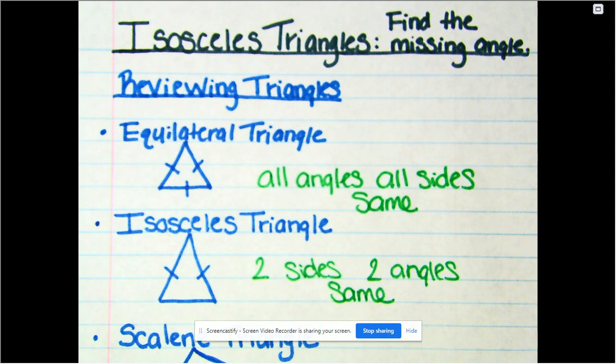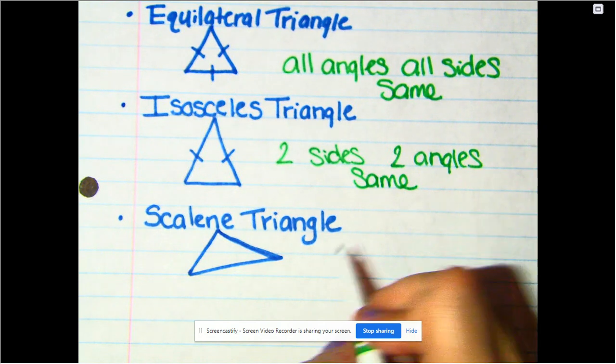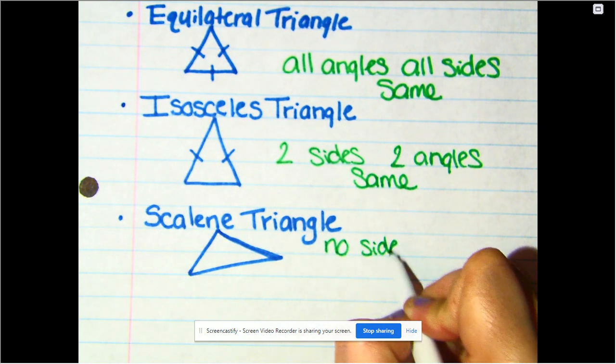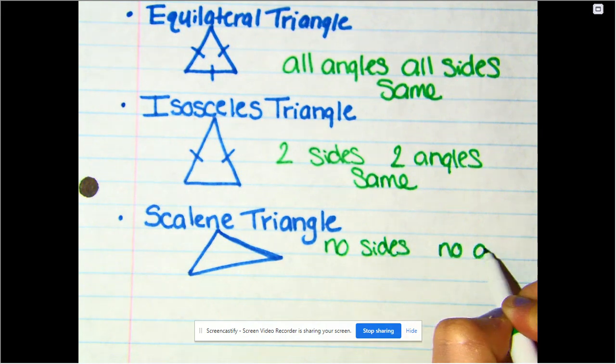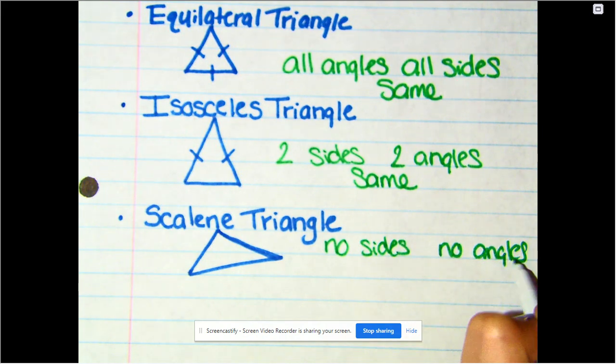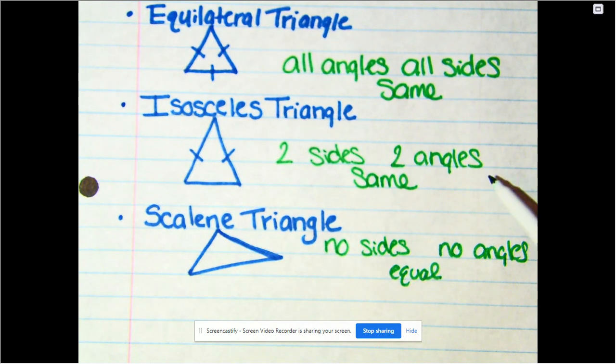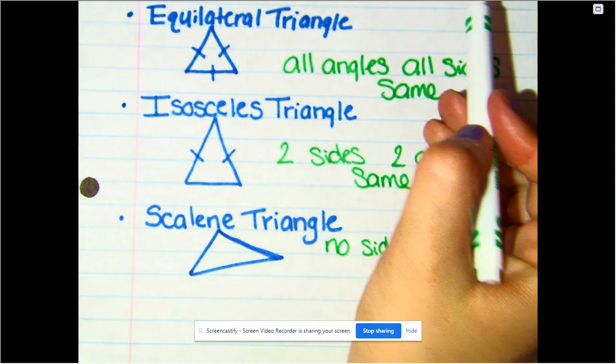And same meaning equal. With a scalene triangle, you have no sides, no angles the same or equal. So no sides, no angles are equal.